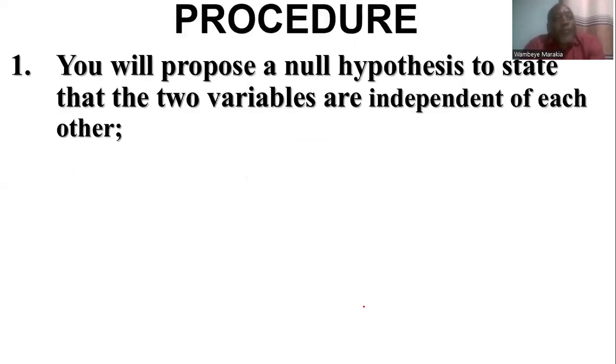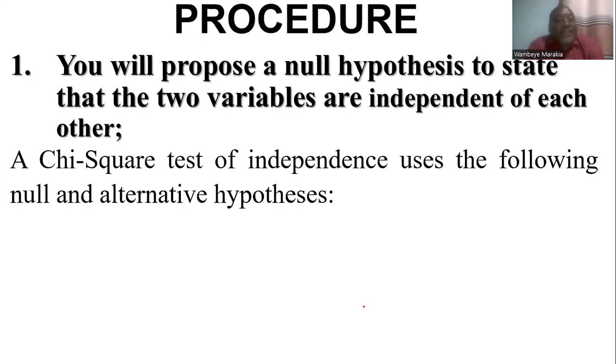Procedure of calculating a chi-square test or chi-square statistic. Procedure number 1: you propose a null hypothesis to state that the 2 variables are independent of each other.